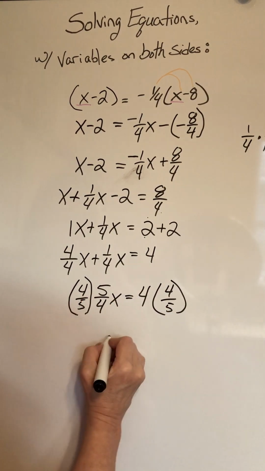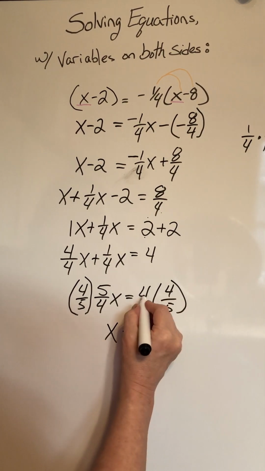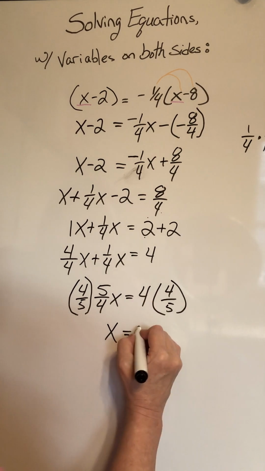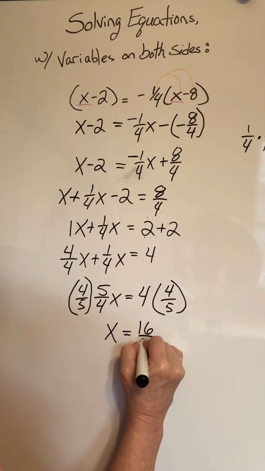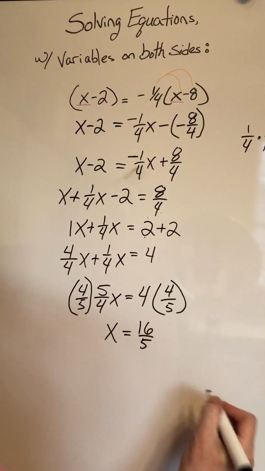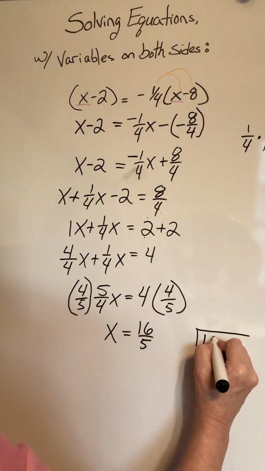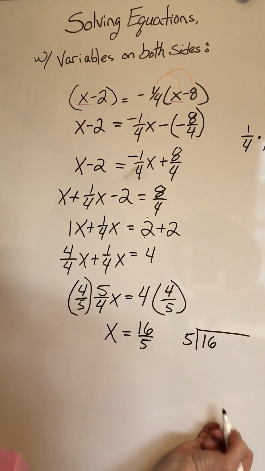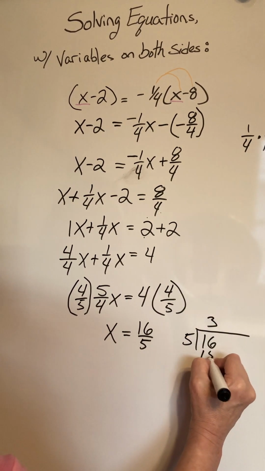So this will cancel out and I'll be left with x, and this will be equal to, so 4 times 4 is 16/5. Now we could make that a mixed number, and what we would do is take 16 and divide it by 5. 5 goes into 16 3 times, which is 15.